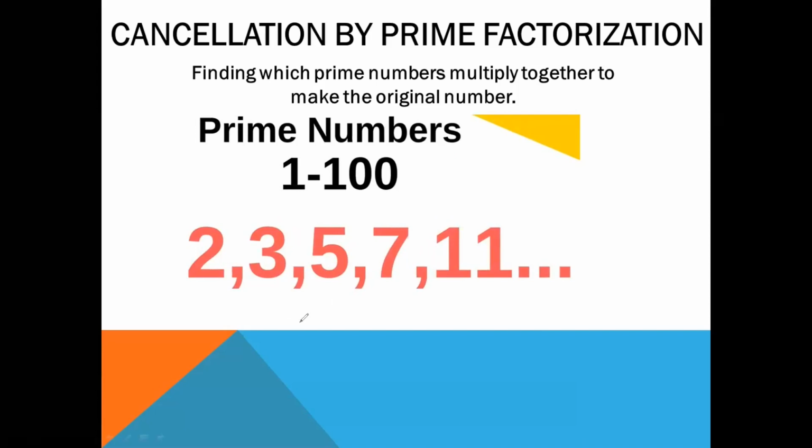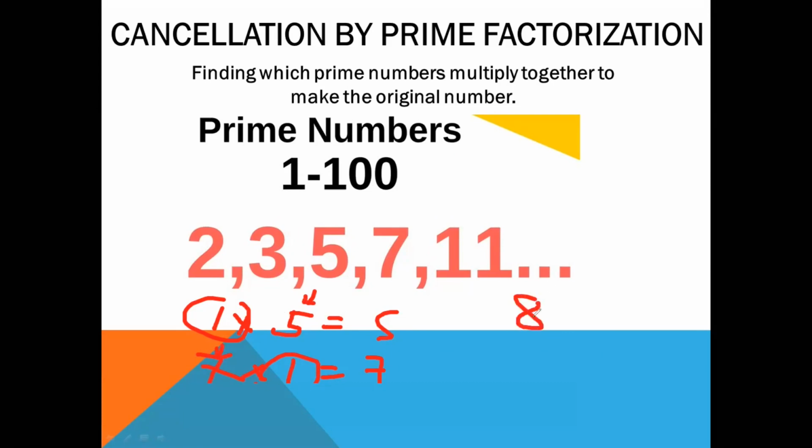For example, 5. What are the factors of 5? Only 1 times 5 is equal to 5. How about 7? 7 times 1 is equal to 7. So only 1 is the factor and its original number. So how about 8? Is it a prime or composite? So it is a composite because 1 times 8, we have 8.